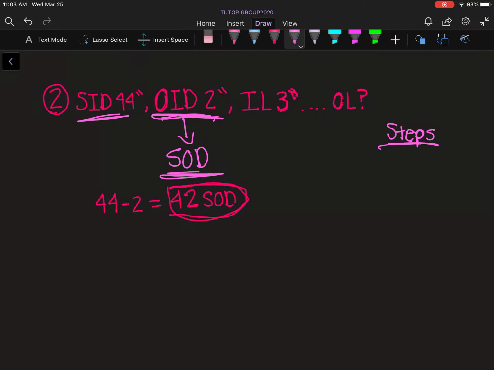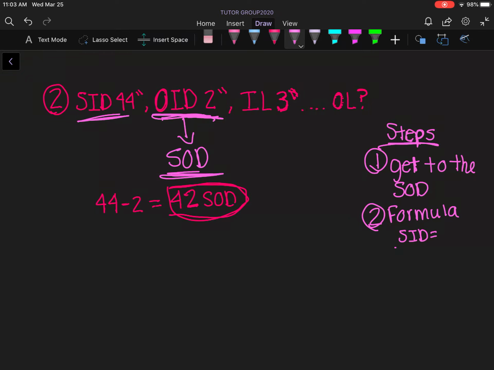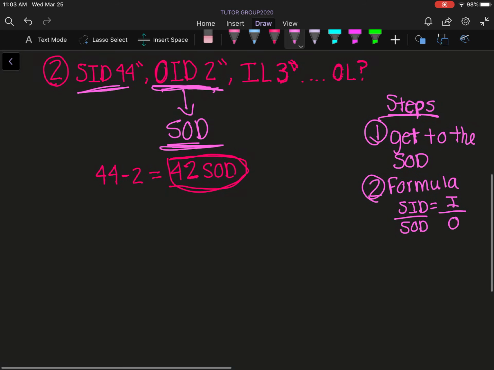So under our steps, our first step was to get to the SOD. We had to get rid of that OID so we could have our formula. Now step number 2, set up the formula, which is SID over SOD equals I over O. Now we can finally set up our formula.